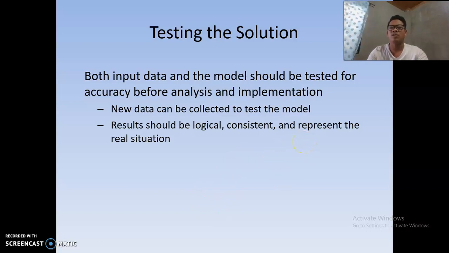Meaning, the result of the method being used should help in solving a particular real life situation or problem.